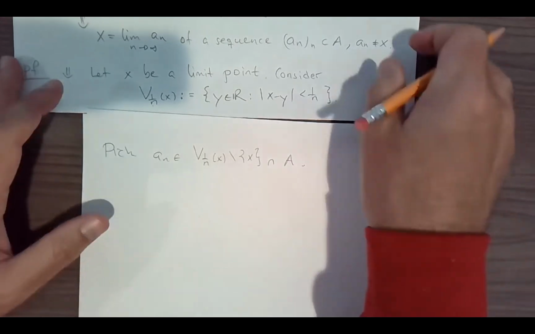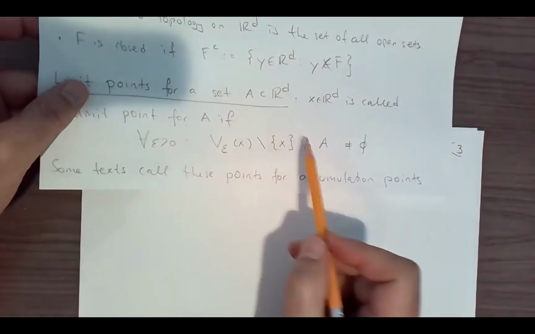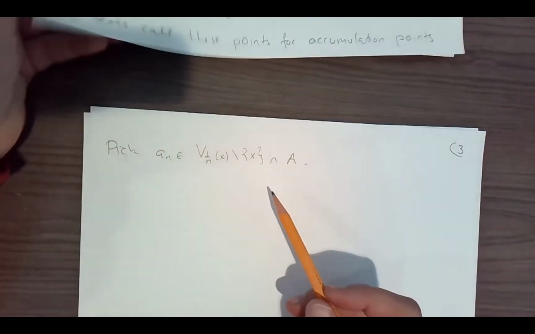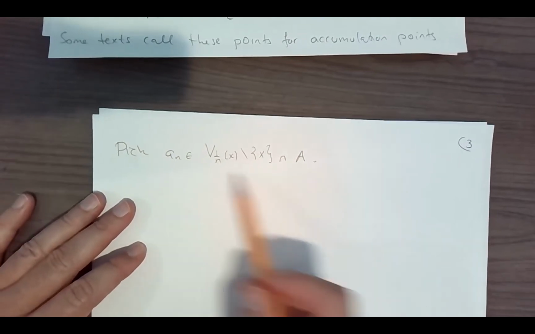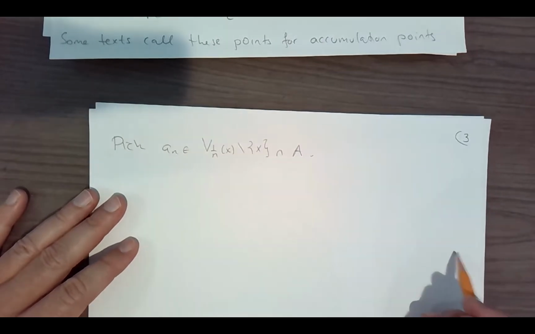I can do that because the definition of being a limit point is that this intersection is not empty. So there's got to be something in there. There could be many, but there is something in there, and I'll pick one and call it an, right?